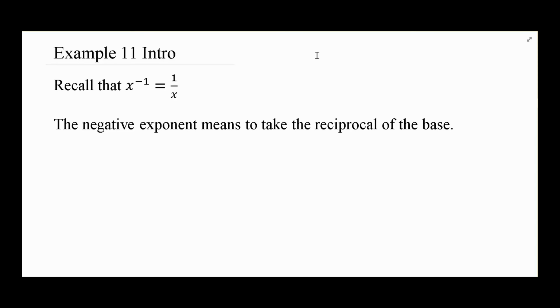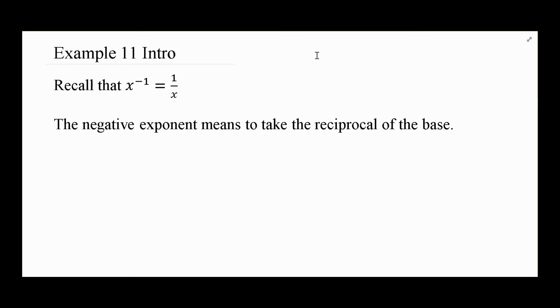Now we have one last thing that might complicate our rational exponents, our fraction-like exponents. And that's if there's a negative also in that exponent. So I want you to remember that x to the negative first means the same thing as 1 over x. So a negative exponent means to take the reciprocal of the base. And this is really important.